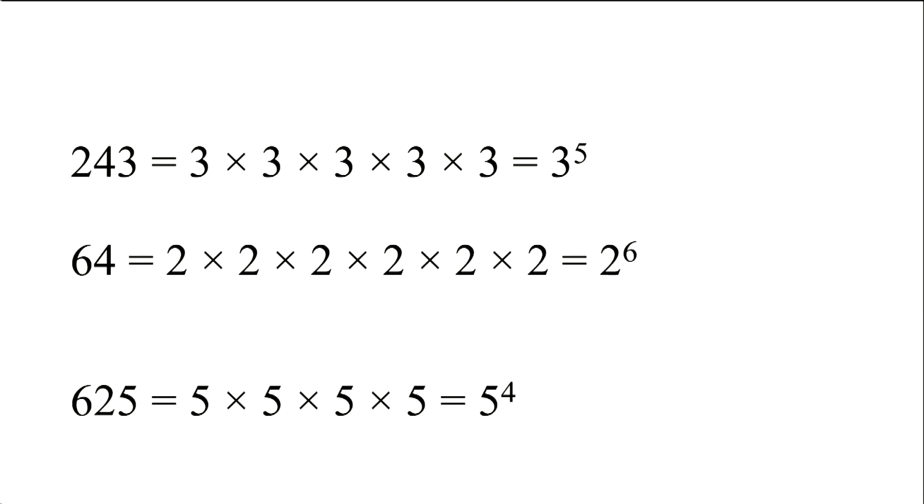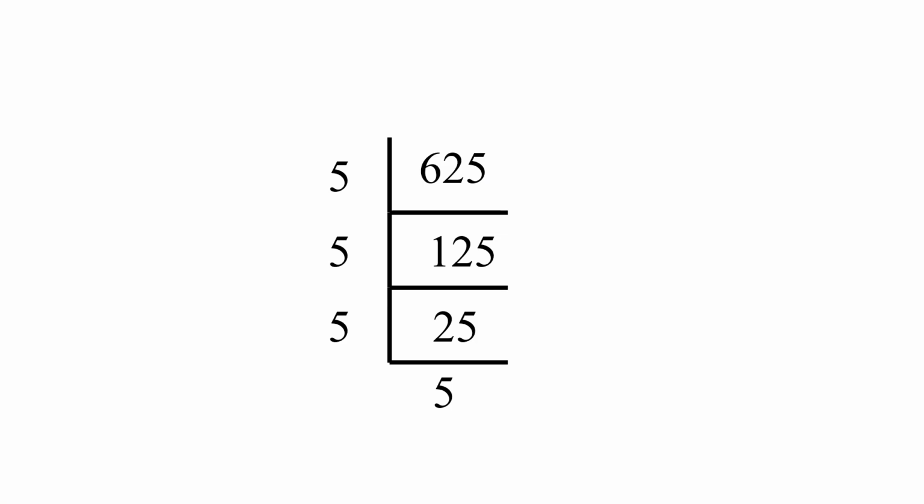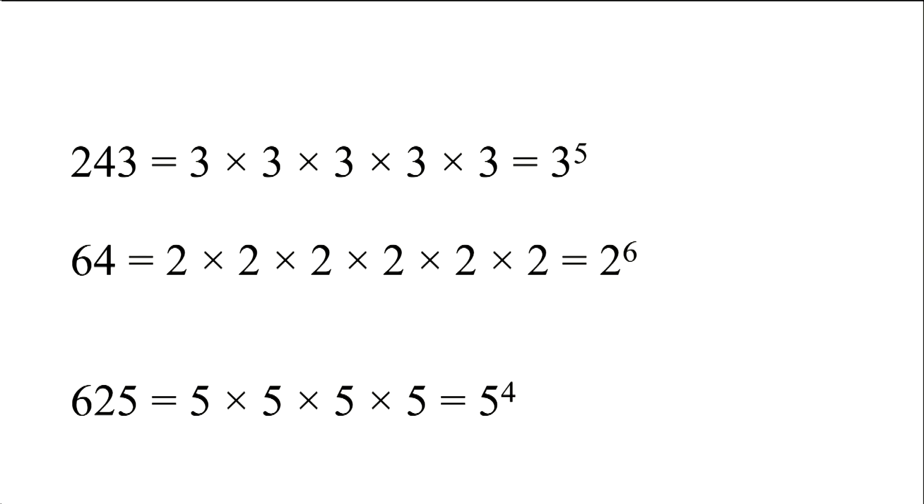Now, let us take one more example to understand more about expressing a number in exponential form. We have 625. When it is divided by 5, it is divided 4 times. That is why it can be written as 5 into 5 into 5 into 5.